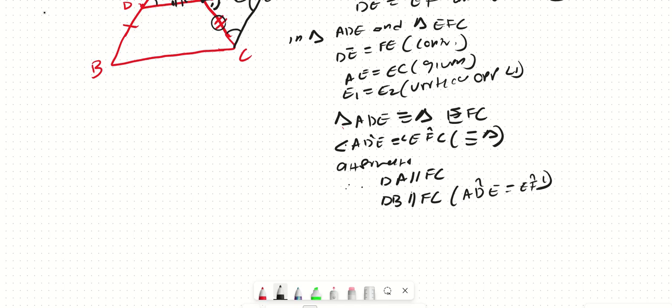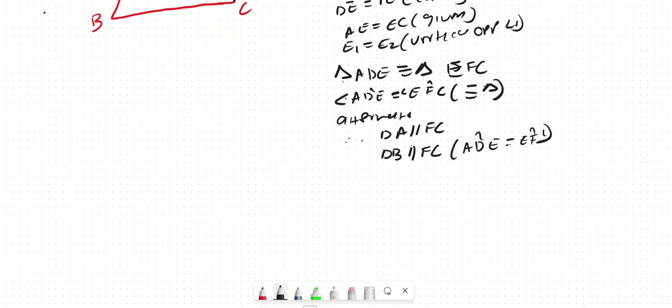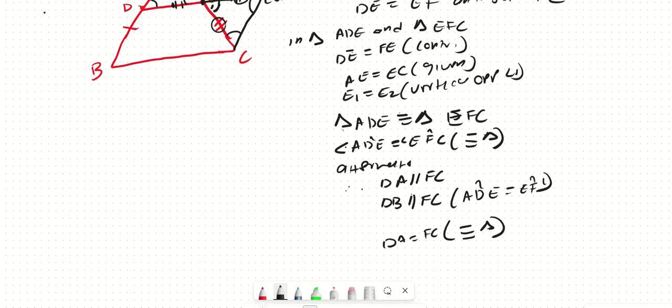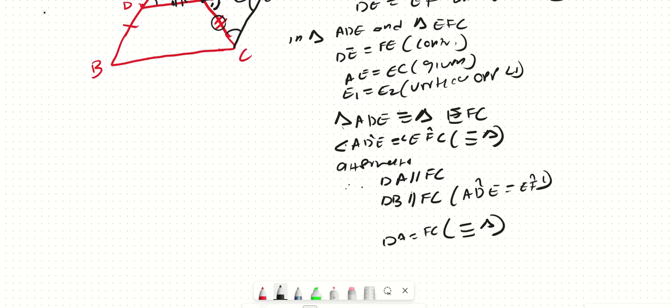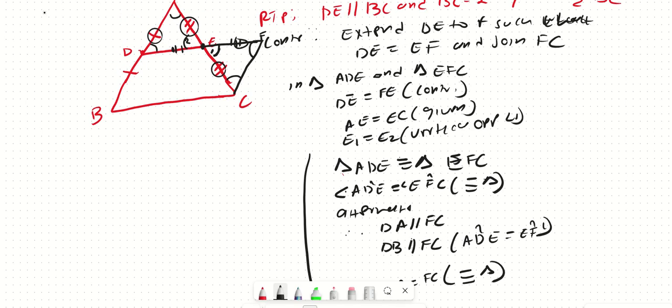I know that I can even say DA is equal to FC. This is by congruent triangles. Therefore, I can say that figure DFCB is a parallelogram.